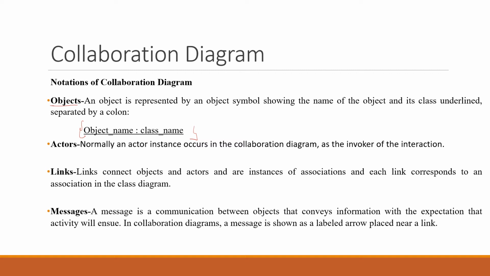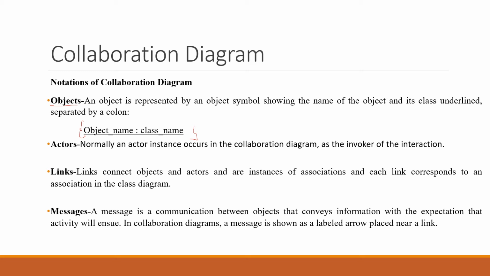Not all the classes need to appear, and an object's class can be unspecified. Objects can also be unnamed, or we can create the collaboration diagram with objects first and specify their classes later.